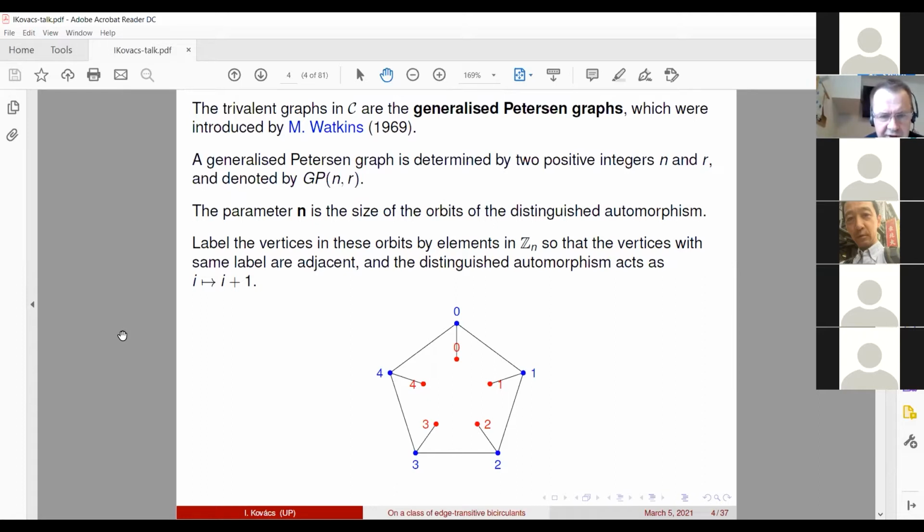I distinguish between orbits by colors. So we have the blue and the red vertices representing the two orbits. And because of the condition, I put a full cycle in one orbit. These are the red vertices.